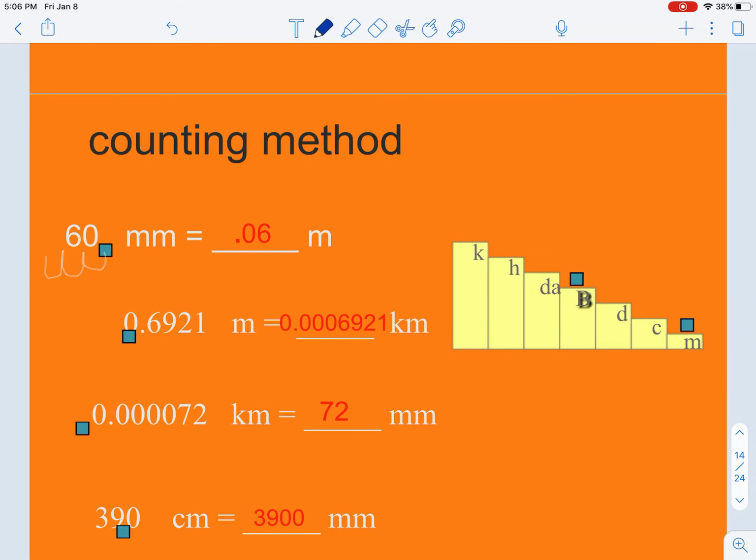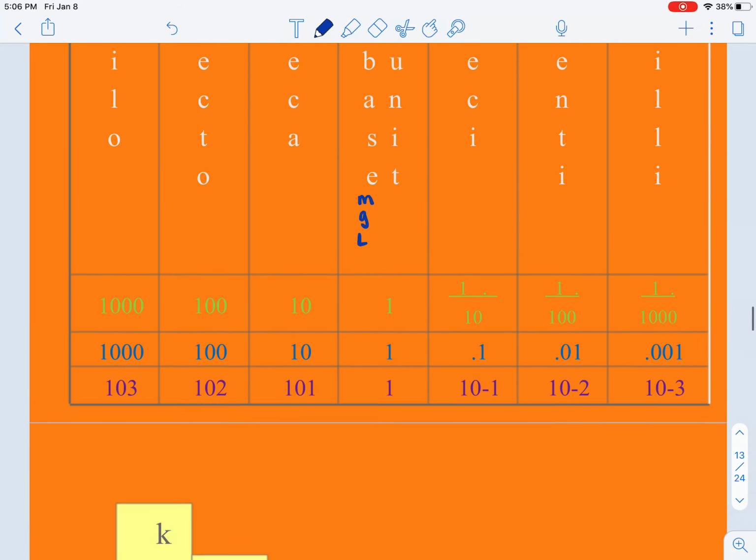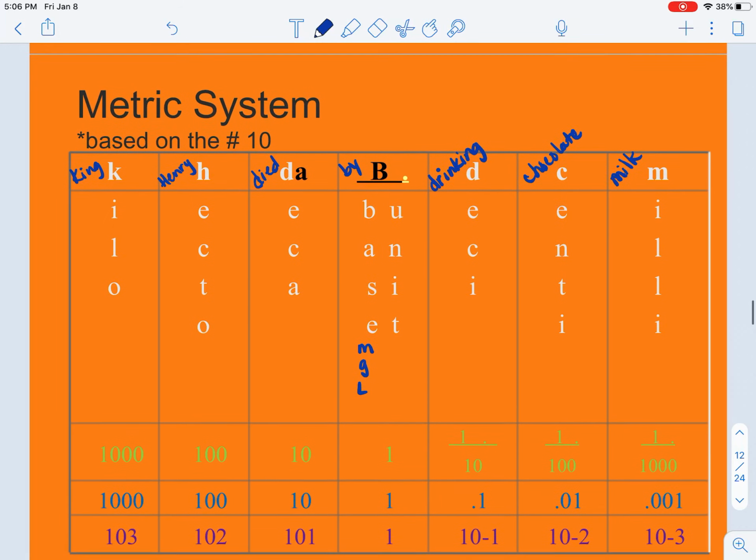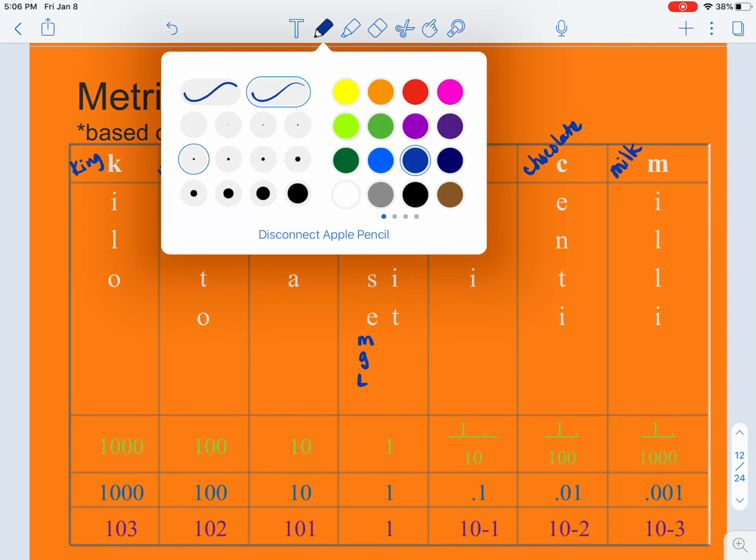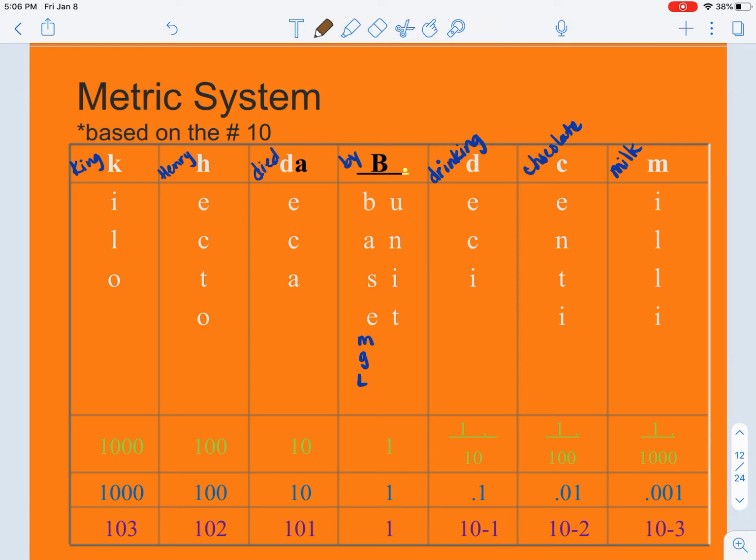Here I have a couple of examples. I'm really just going to do the one for 60 millimeters being converted into meters, and I'm actually going to come back here to this screen, and I'm going to write on this screen. So first I'm going to show you, using dimensional analysis, how would I convert 60 millimeters into meters.